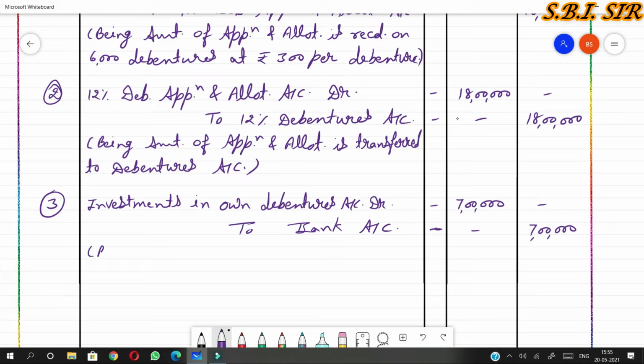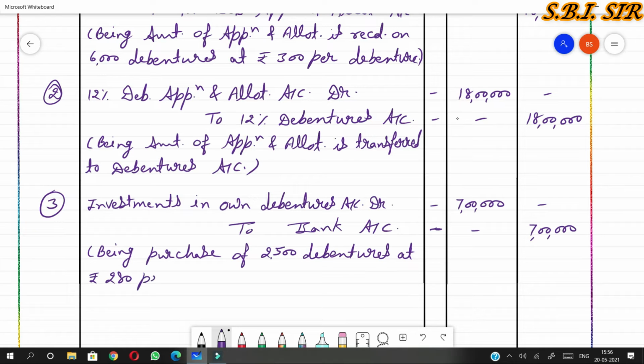Narration being: purchase of 2,500 debentures at rupees 280 per debenture from the market for investment.